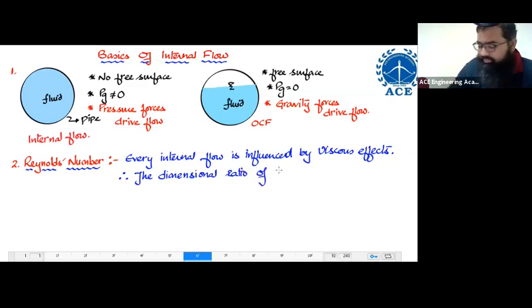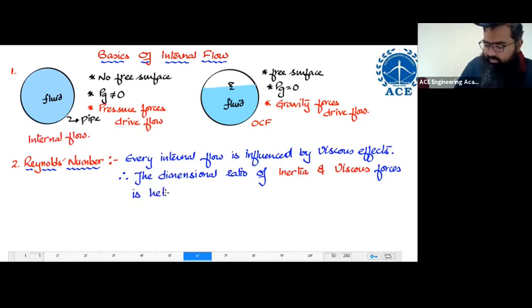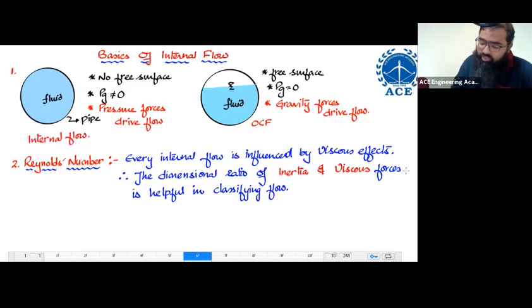Now this is important. Inertia and viscous forces. The dimensional ratio of inertia and viscous forces is helpful in classifying or differentiating, distinguishing, say whatever you like, classifying flow. Now the dimensional ratio of these two forces is called which number? It is called Reynolds number. The dimensional ratio of these two forces is basically your Reynolds number.